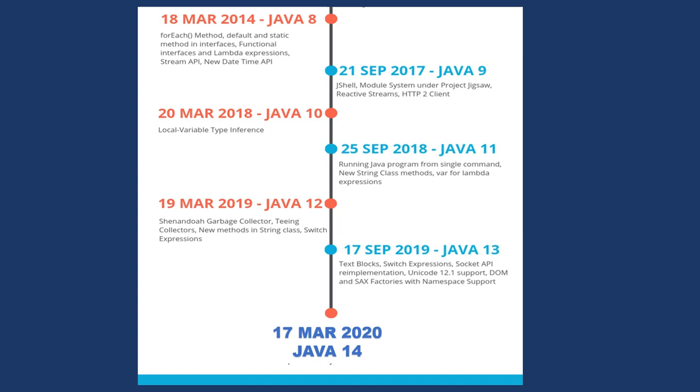It was followed by Java 11 in 2018, Java 12 in 2019, Java 13, and finally on 17 March 2020, Java 14 was released by Oracle. We are going to use that JDK throughout our tutorial. There will be a hands-on video on how to download and install JDK 14 onto your system. That will be in the later part of the presentation. You'll be finding it later.